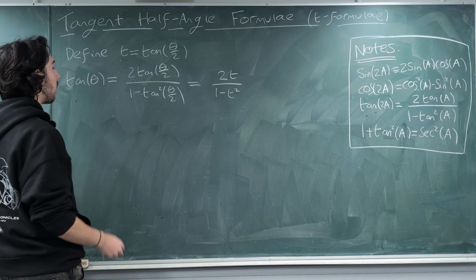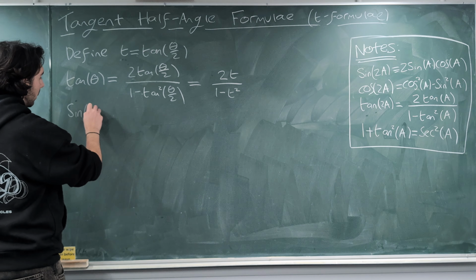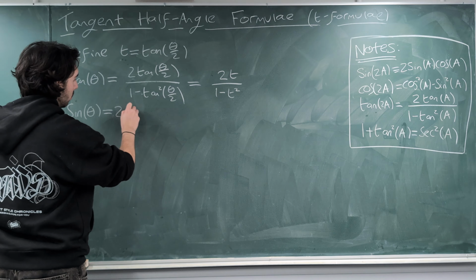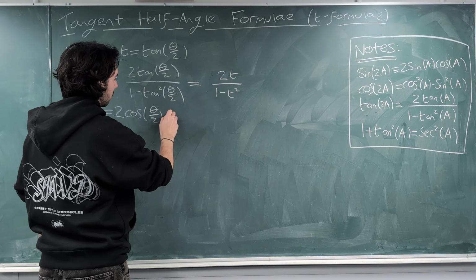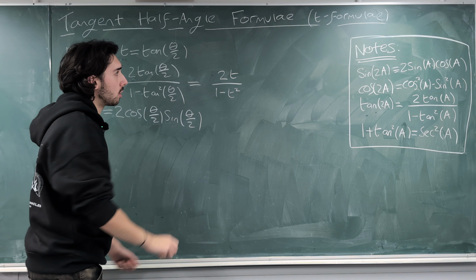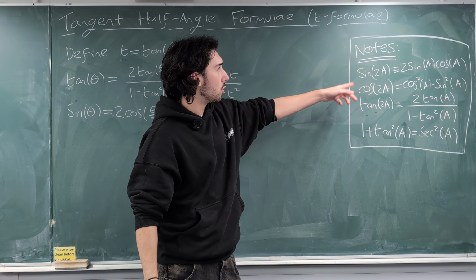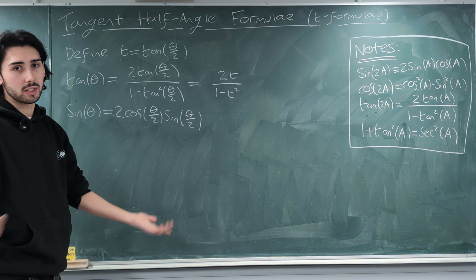Right, now let's do sine. What is sine theta? Well, let's write sine theta as 2 cos theta over 2 sine theta over 2. Apologies, I've just realized I've written 2 sine A then cos A, but here I've written cos and then sine, but obviously it doesn't matter.